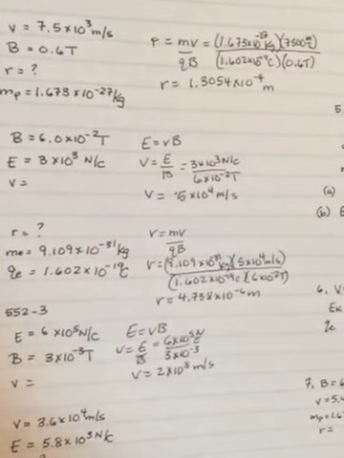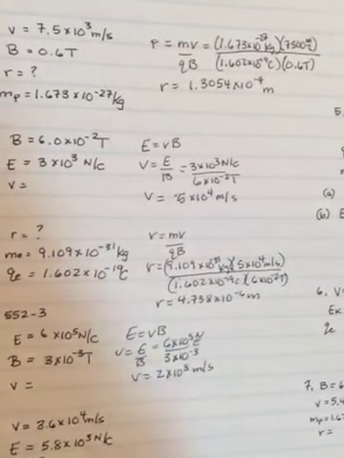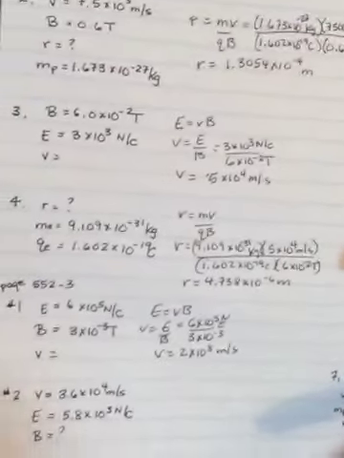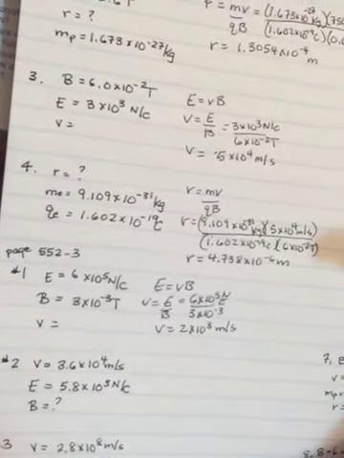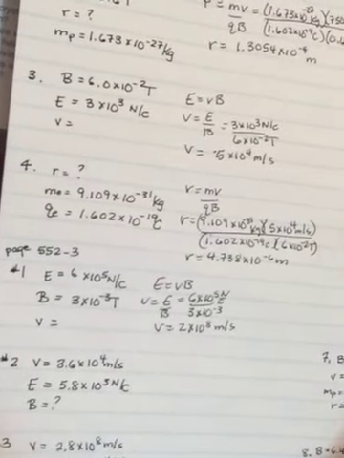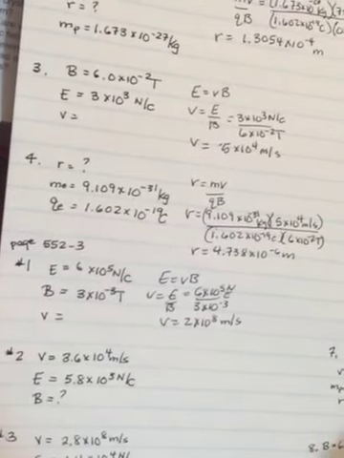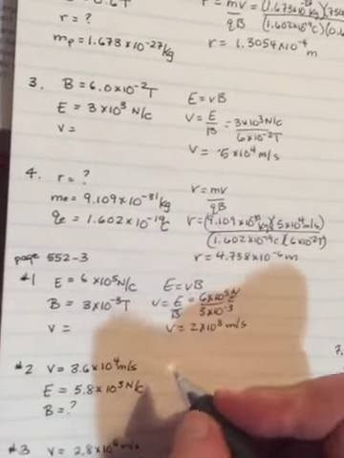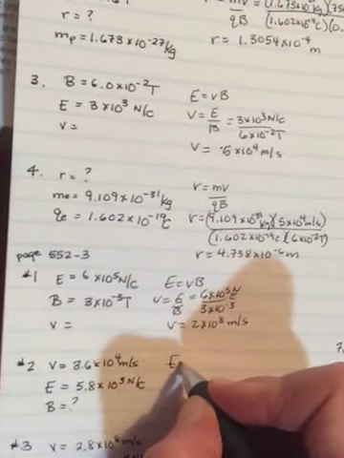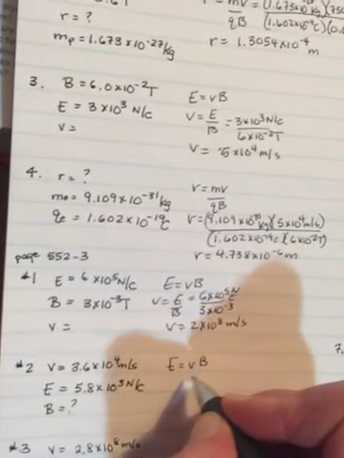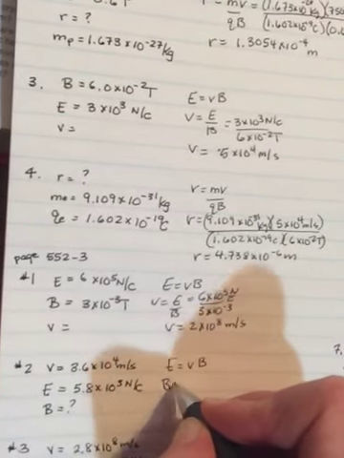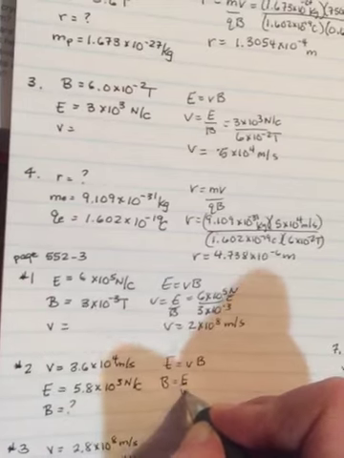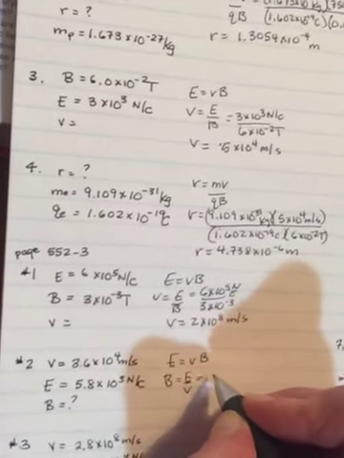Simple. Number 2, electrons moving 3.6 times 10 to the 4th meters per second pass through an electric field of 5.8 times 10 to the 3 newtons per coulomb. What is B? Ooh, exciting. I get to rearrange it differently. E equals VB, so B equals E over V. I'm so excited I can hardly cope.